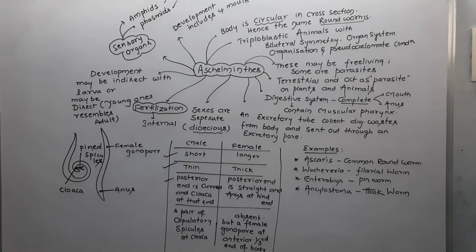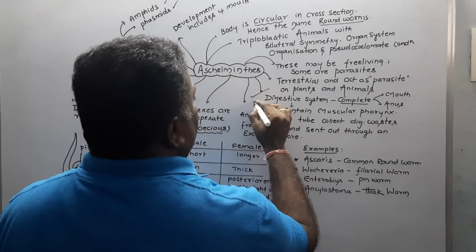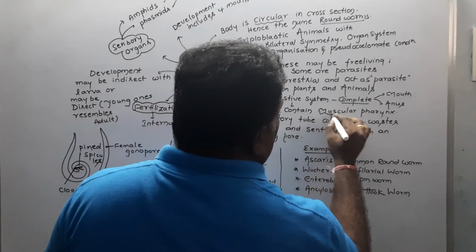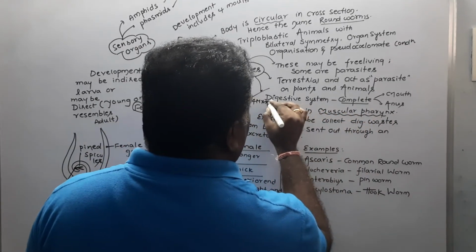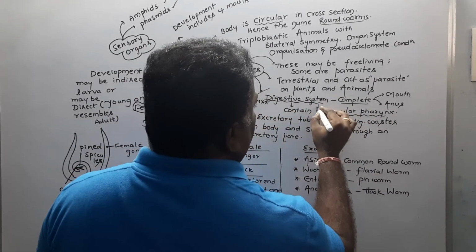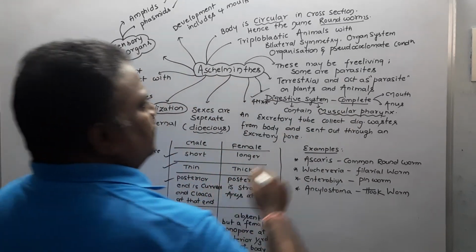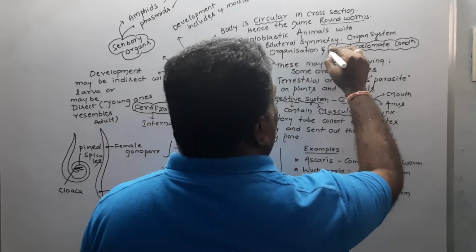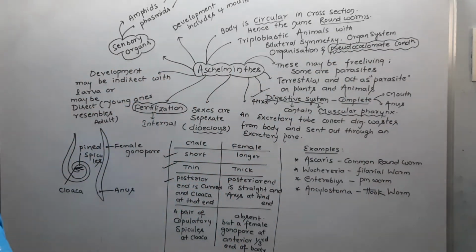Among these, the most important point is the digestive system with a well-developed muscular pharynx, seen in Aschelminthes. The one and only pseudocoelomate phylum we have seen here is Aschelminthes.